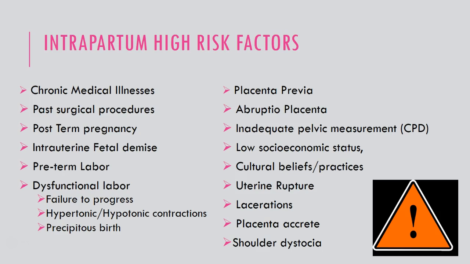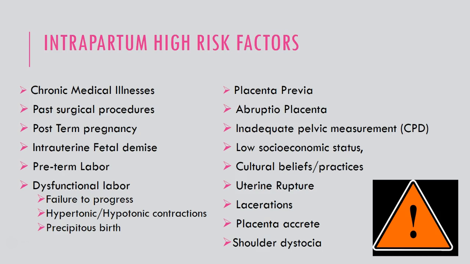Individuals with placenta previas or abruptions or histories of abruptions, inadequate pelvic measurements or cephalopelvic disproportion, individuals with low socioeconomic status, different cultural beliefs and practices, individuals with a history of uterine rupture, or who are at risk for uterine rupture. All of these things throw people over into a high risk category whenever you're the labor nurse.